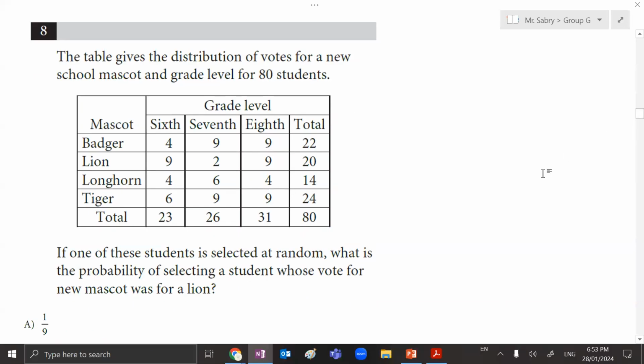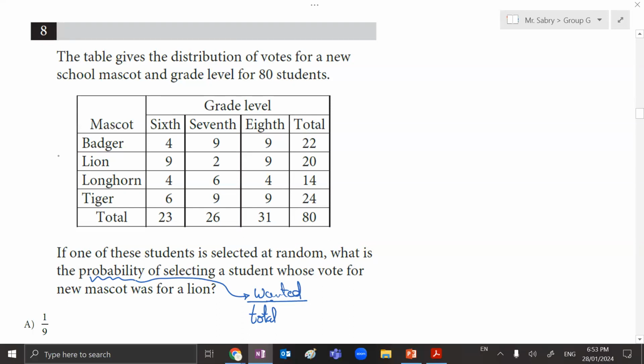Number 8, they're saying, what is the probability? Whenever I read the word probability, and whenever I read something that I know a rule for, I'll write the rule for it, which is basically wanted over total. I'll check what's the wanted, the probability of what? That selecting a student whose vote for a new mascot was for a lion. So we want to see the students who went for the lion.